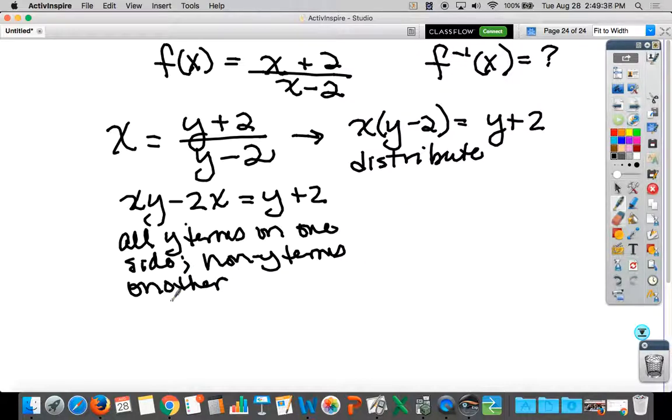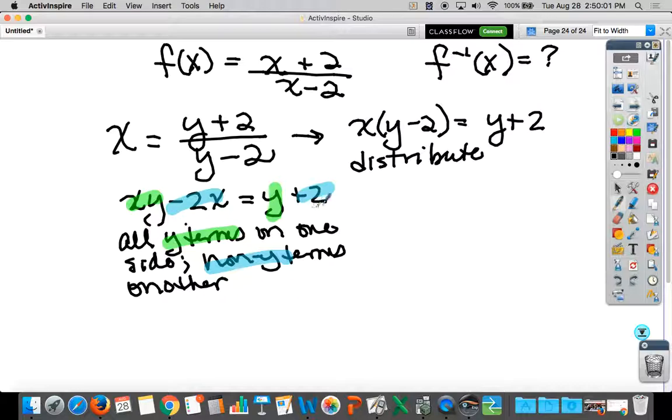So, tell me what my Y terms are. All right, and? Okay. Tell me what all my non-Y terms are. Negative 2x and 2. So I want to get the green ones on one side and I want to get the blue ones. Does it matter which way I move it?